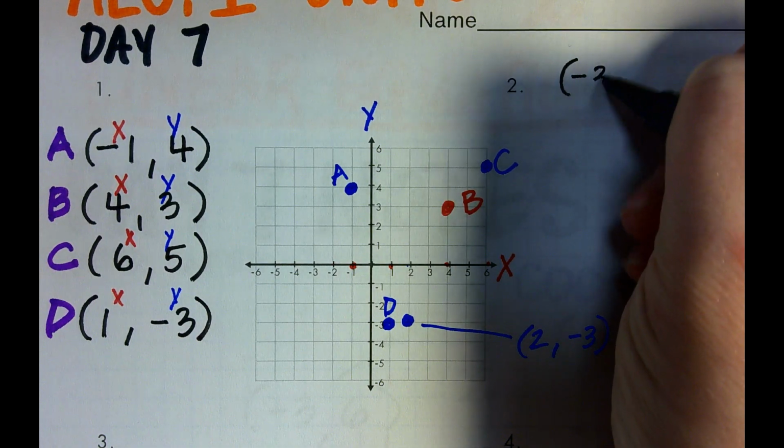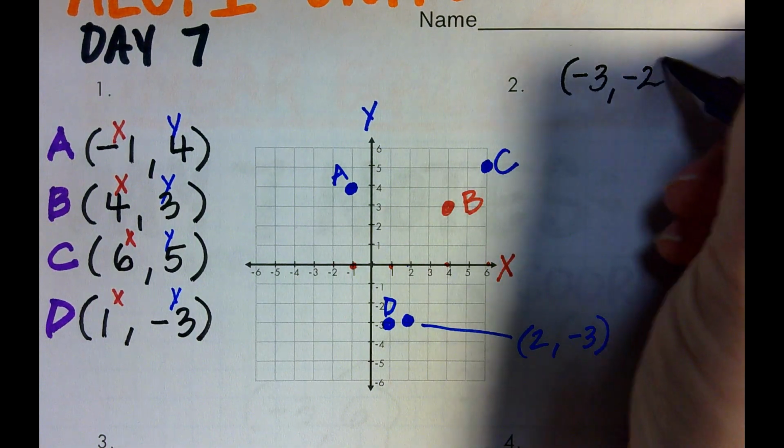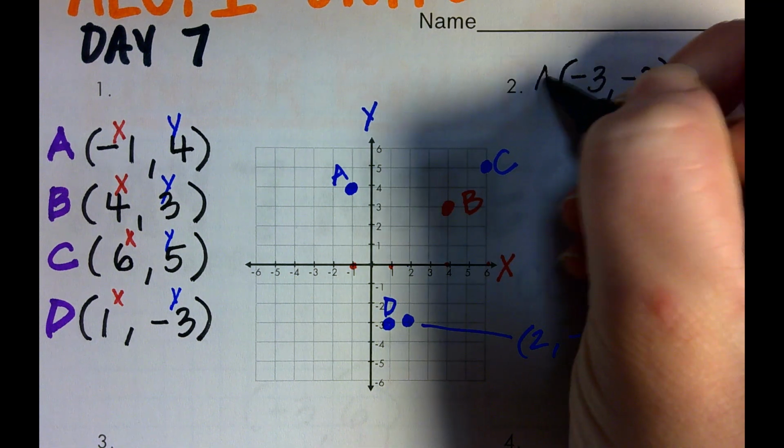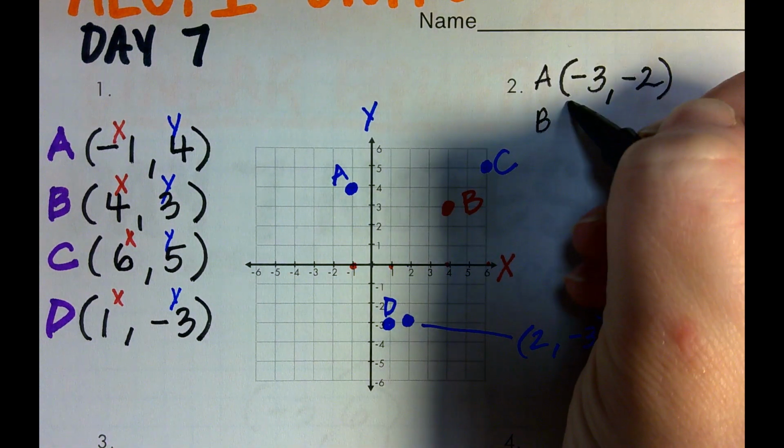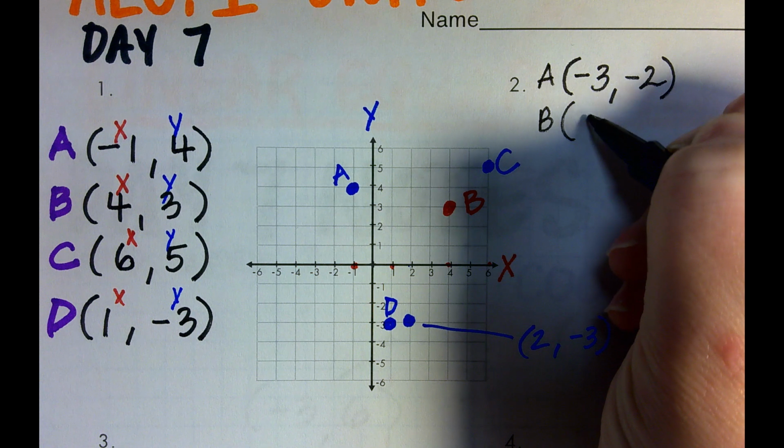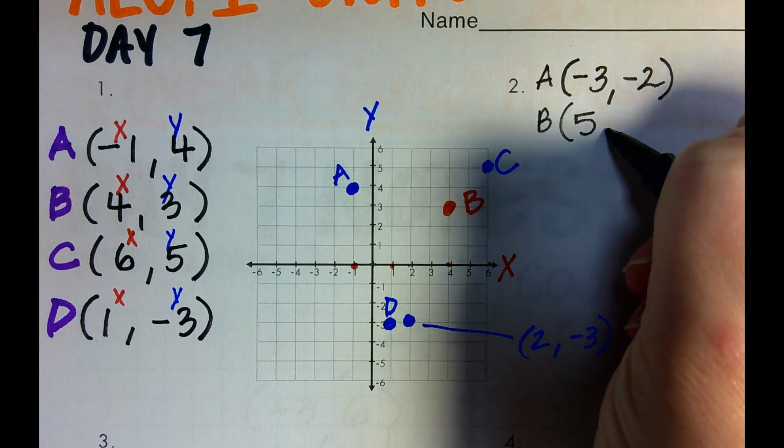Let's do -3, -2. That'll be A. B is 5, 3.